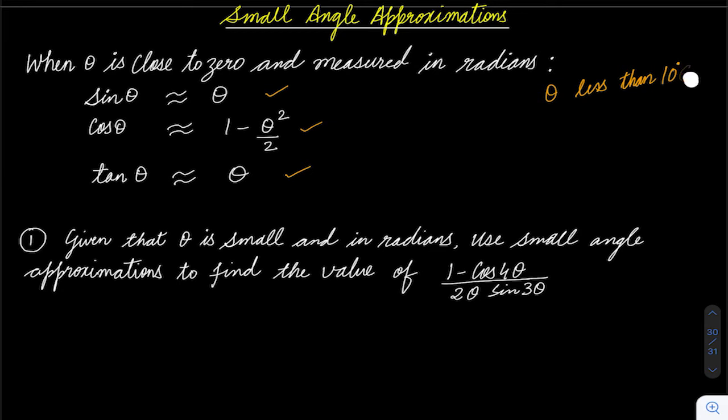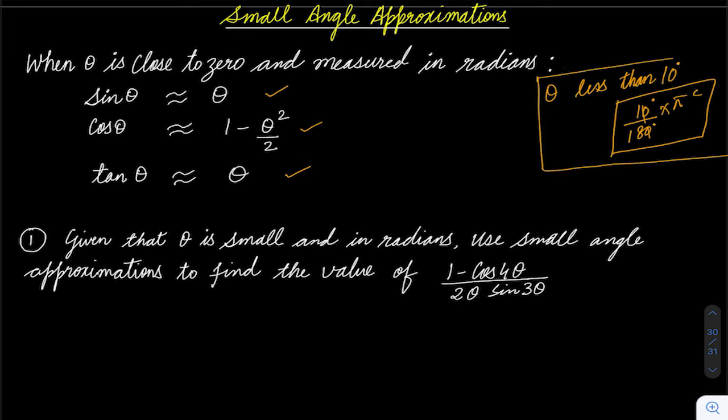So less than 10 degrees means 10 divided by 180 times pi, so basically this radian angle, pi by 18, it works well. Anyways, nobody's going to ask you this in this curriculum, but it is good to know.